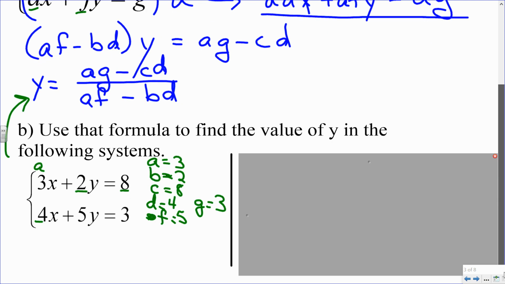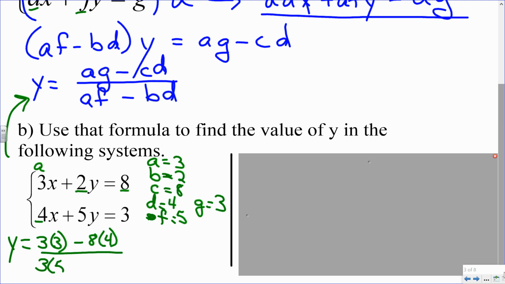So I'll go down a little bit lower so I have a little bit more room to write. So y is A times G, so 3 times 3, minus C times D, so 8 times 4, over A times F, 3 times 5, minus B times D, 2 times 4.